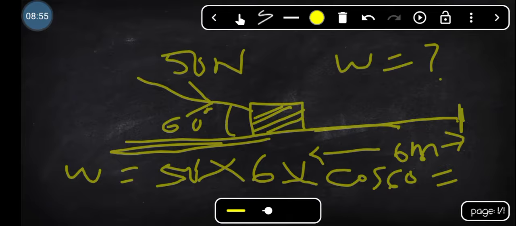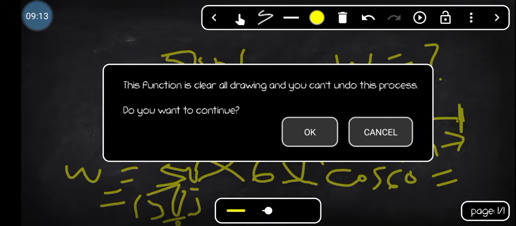So 300 times 0.5 is 150. So my answer is 150 joules. The work done on this object is 150 joules. So let's look at another question.